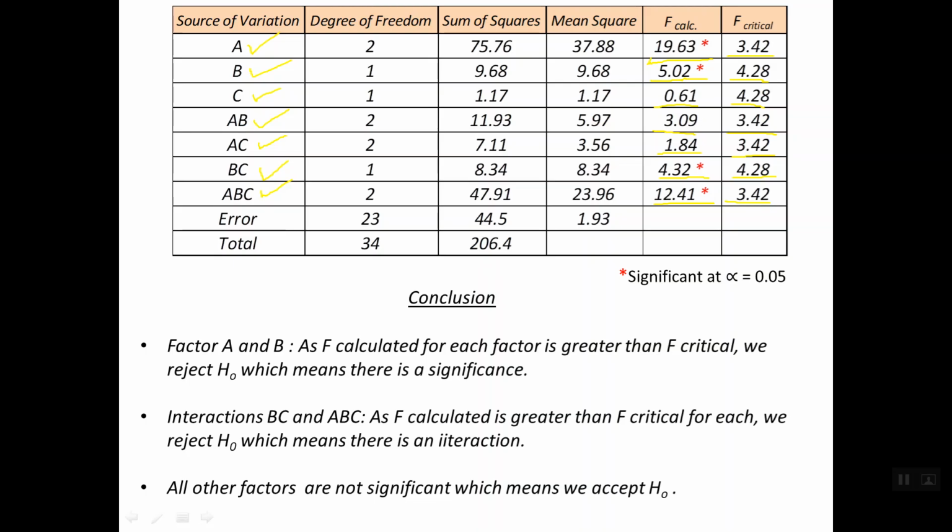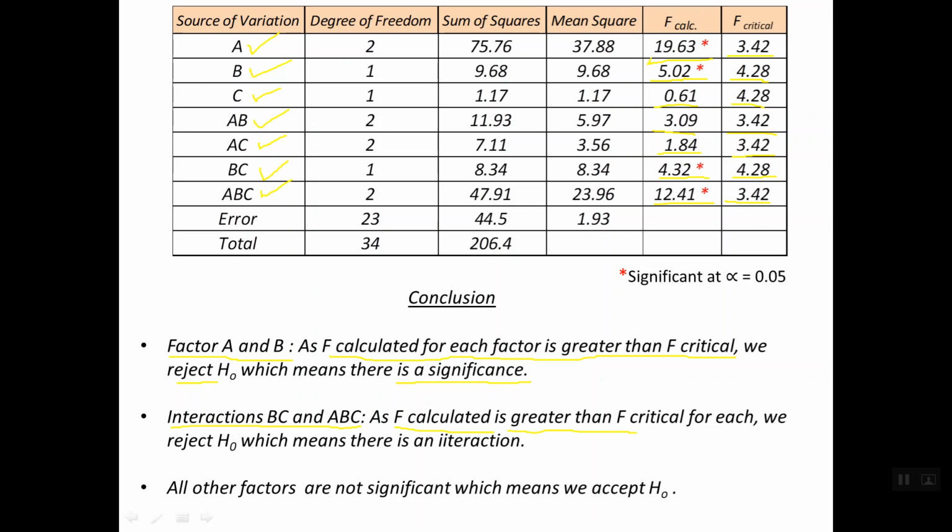So to make a summary for the conclusion, we have only for factor A and B a significance because simply the calculated value of F is greater than the critical F, so we reject the null hypothesis, which means that there is a significance. For the interaction, only BC and ABC, the calculated F is greater than the critical one.